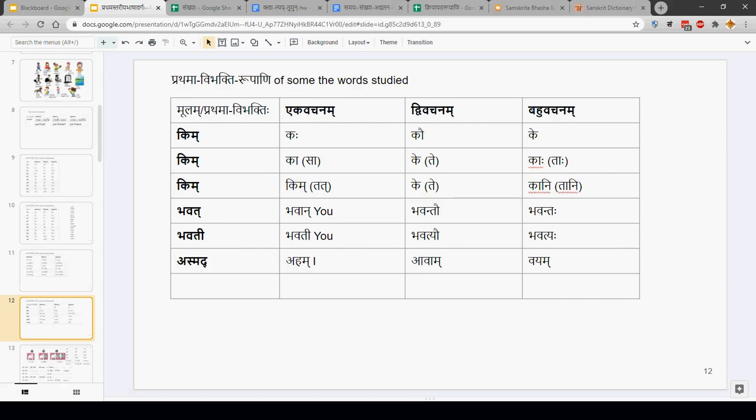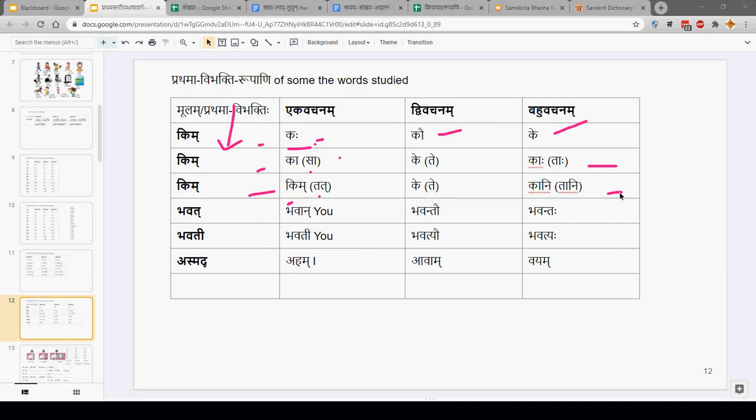And this is about kim and bhavan, which we know already. Bhavan, bhavati, asmad is aham. Kim is the base word for kaha, ka, kim, all three. So in pullinga, strilinga and napunsaka it becomes kaha, ka, kim. In bahuvachanam it is ke, kaha, kani.